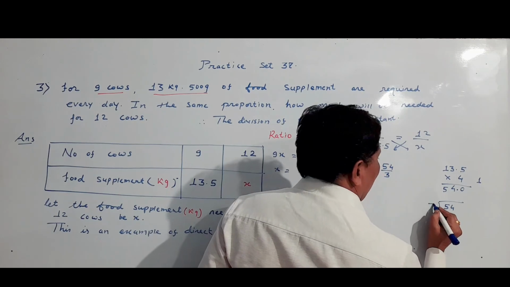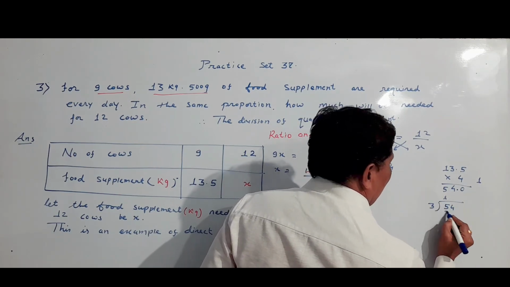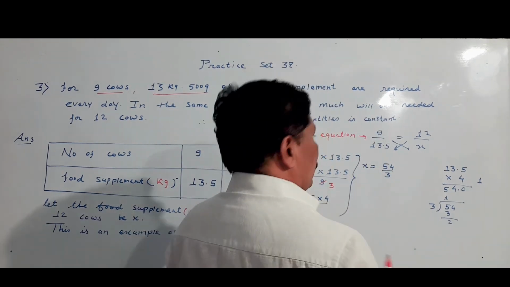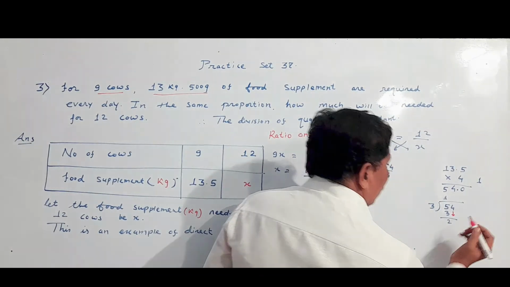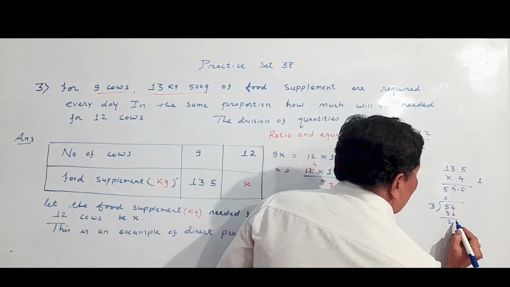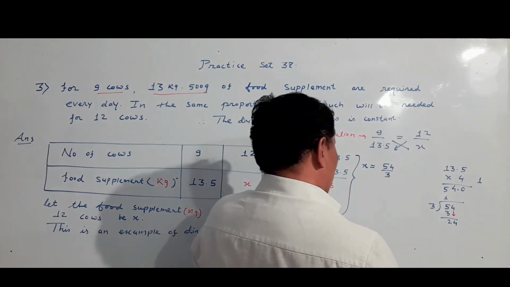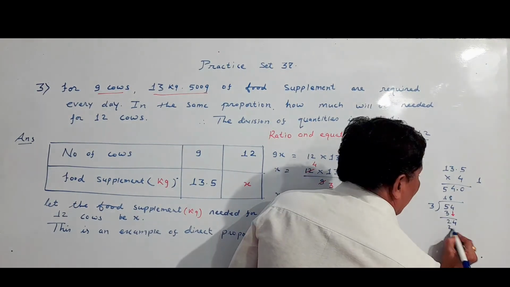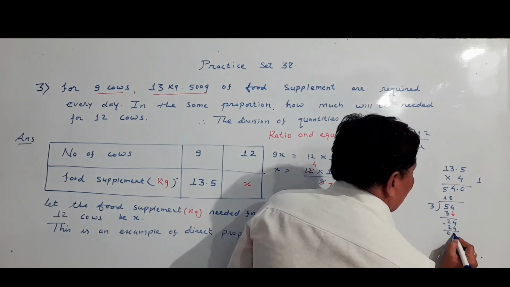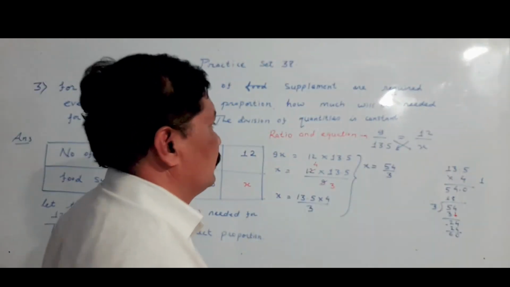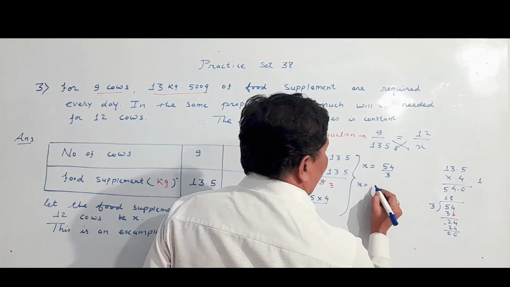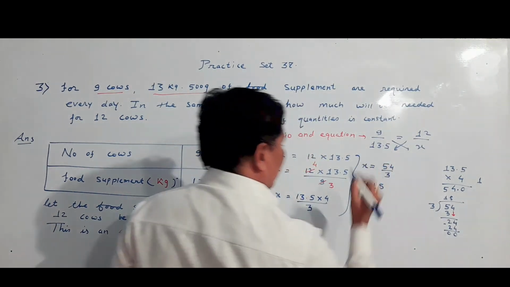54 divided by 3. 3 ones are 3. Remaining 2. 4 will come down. 3 eights are 24. 0, 0. So x is equal to 18.